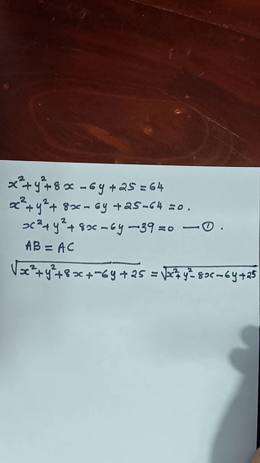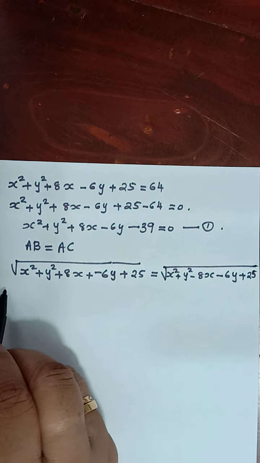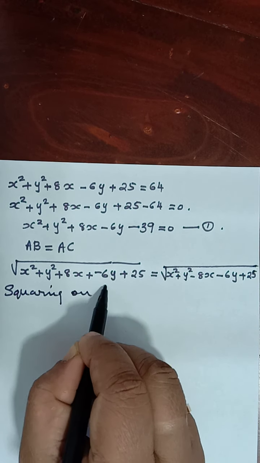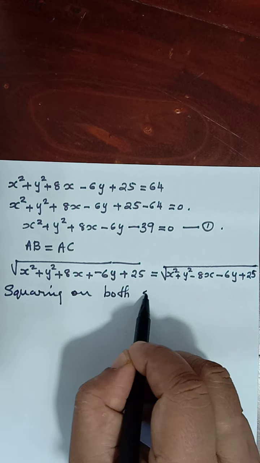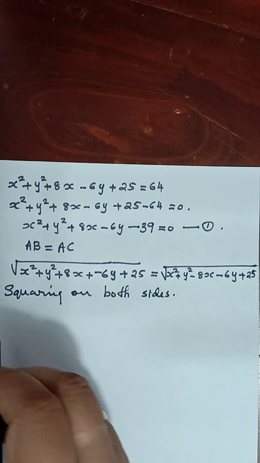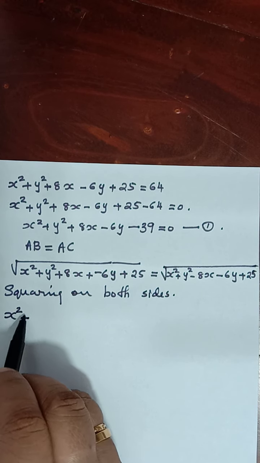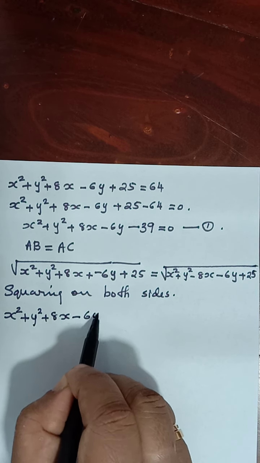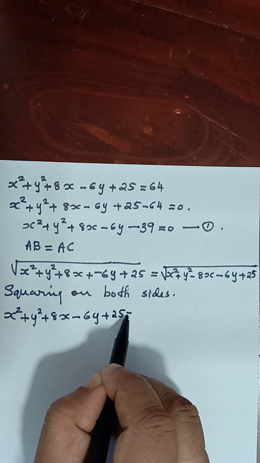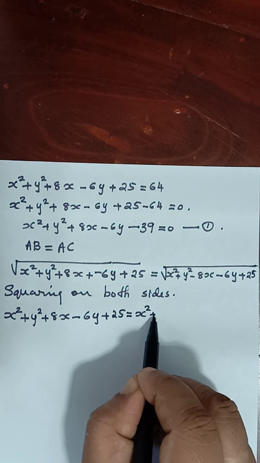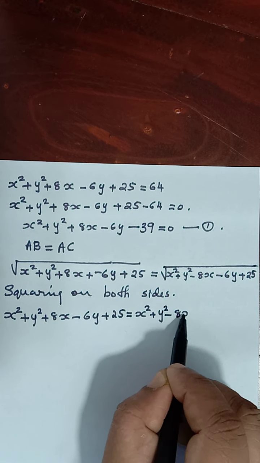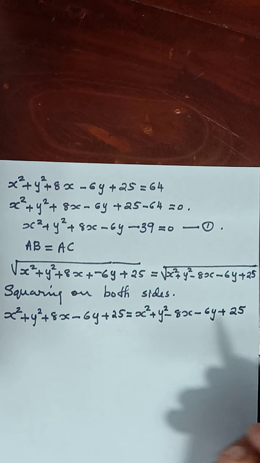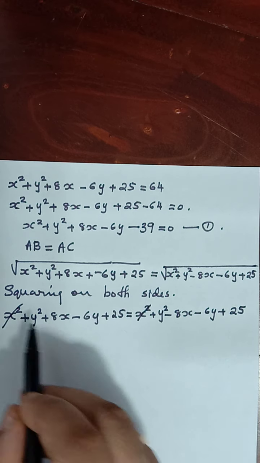Okay. So when we square on both the sides, what do we get? The root will be removed: x square plus y square plus 8x minus 6y plus 25 equal to x square plus y square minus 8x minus 6y plus 25. Now we will be able to cancel on both the sides.